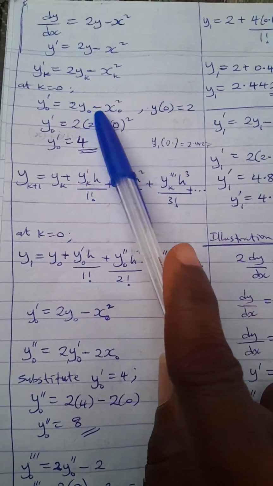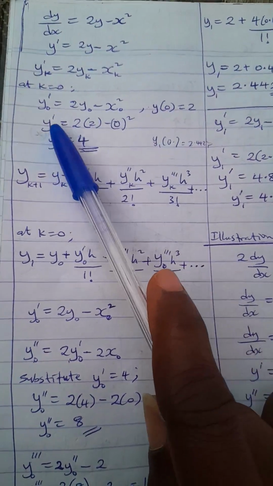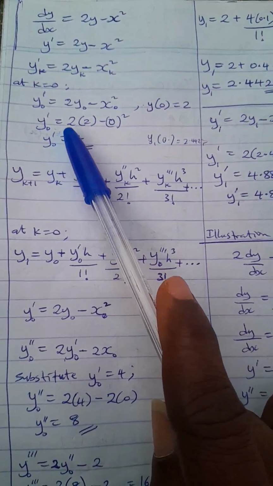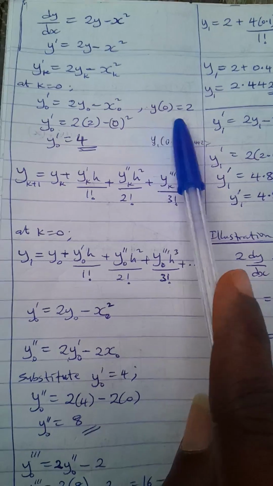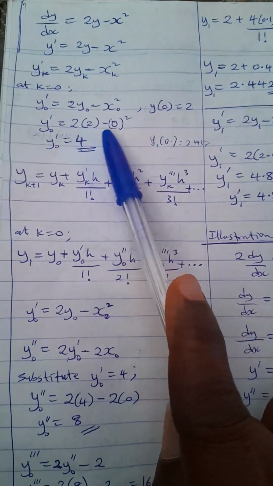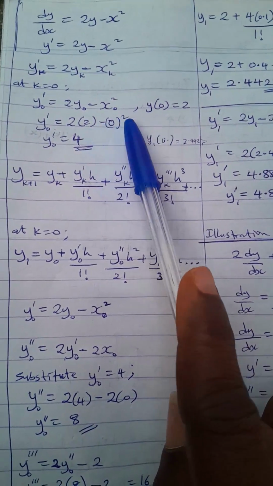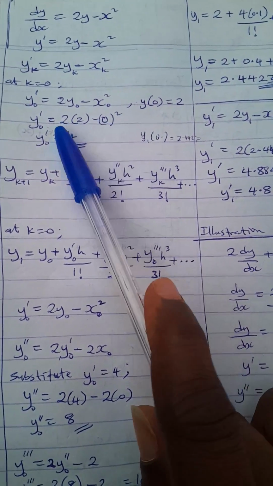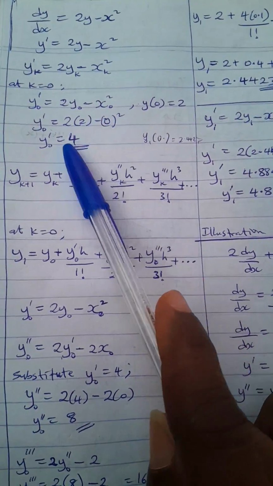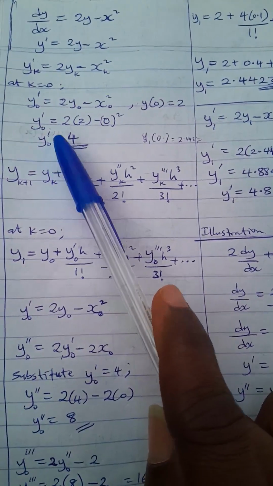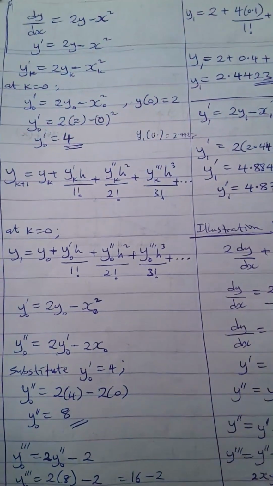So we get y naught prime equals 2 times 2 minus 0 squared. 2 times 2 is 4, 0 squared is 0, and 4 minus 0 is 4. So the value of y naught prime is 4.